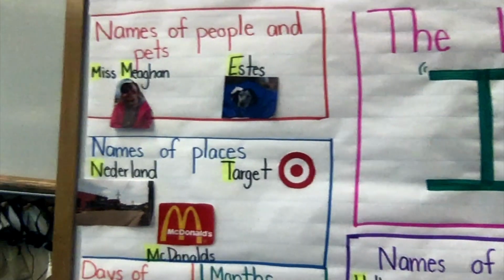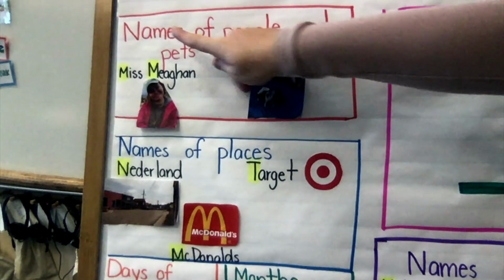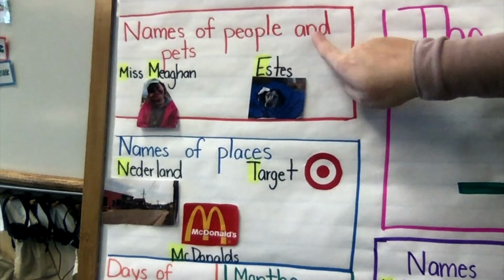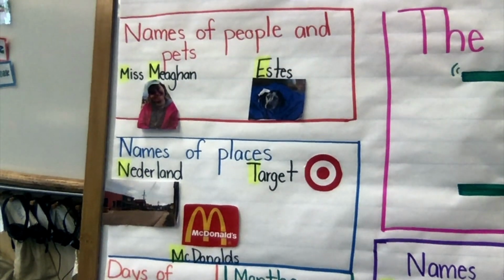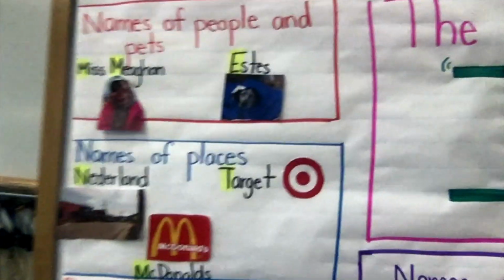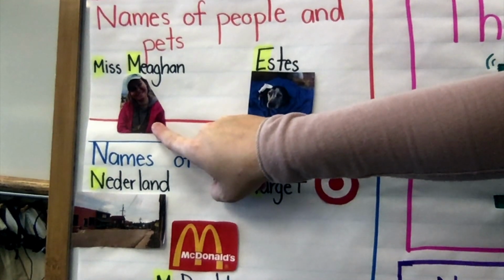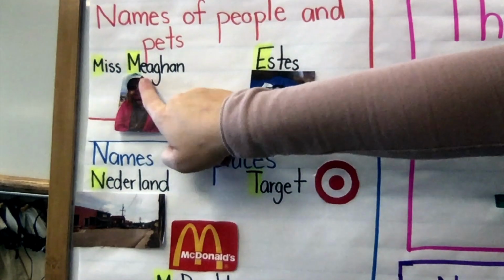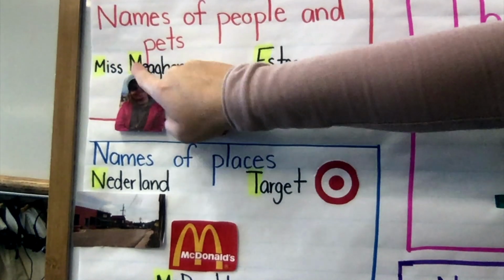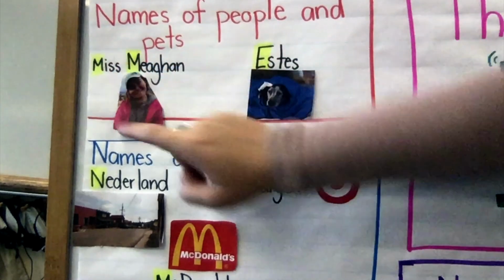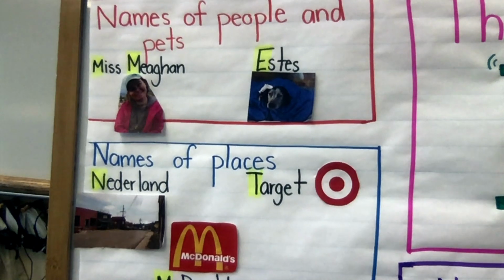Here's a few other things that get capital letters. Let's look over here. In this box, it says names of people and pets. I don't know if you can see real well, but there's the picture of me. And my name is Miss Megan, and I highlighted my uppercase M. I get an uppercase M because it's my name.